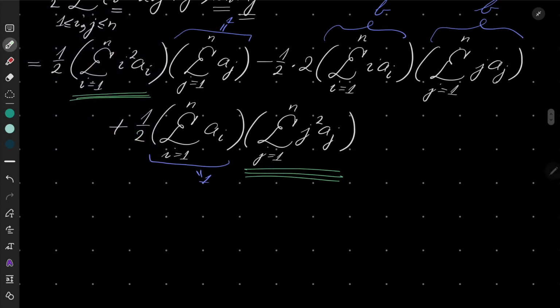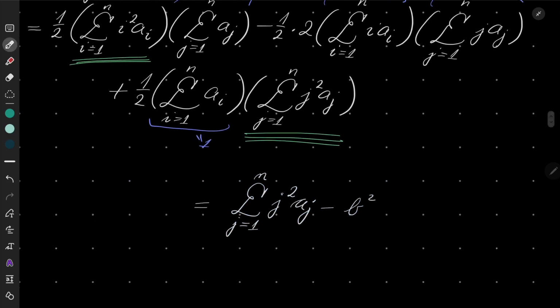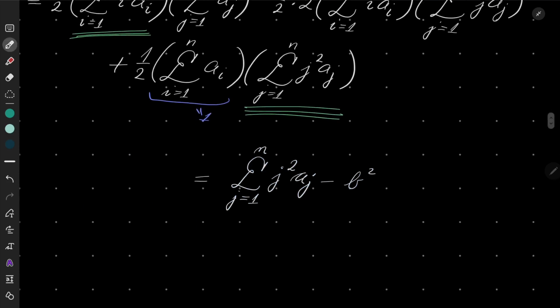So, all in all, we can combine these two sums and we get the sum which goes from j equals 1 to n, j squared aj, minus b squared. So our sum equals exactly that.